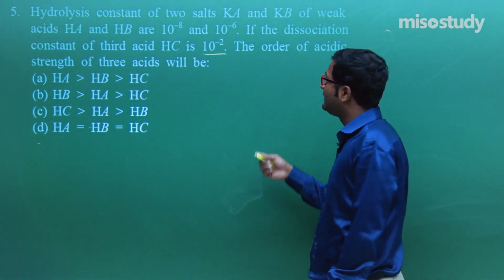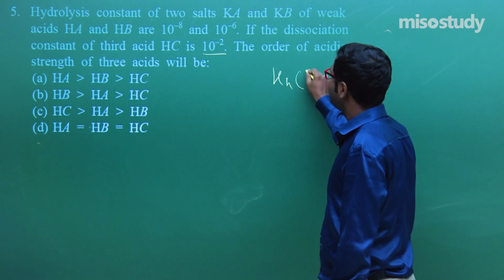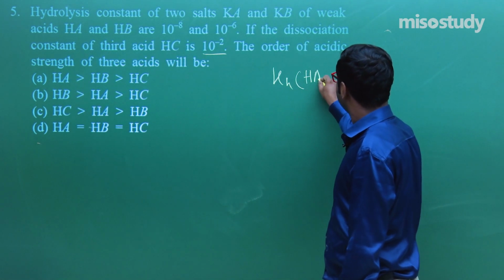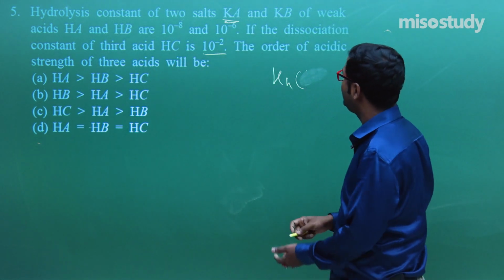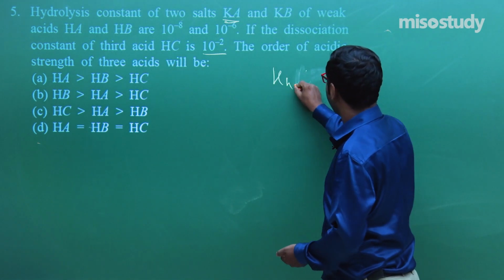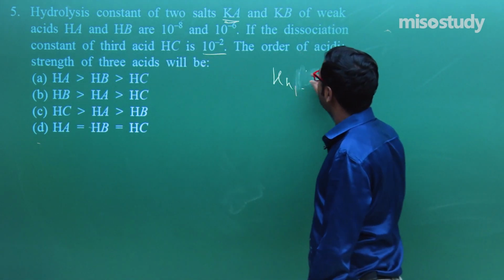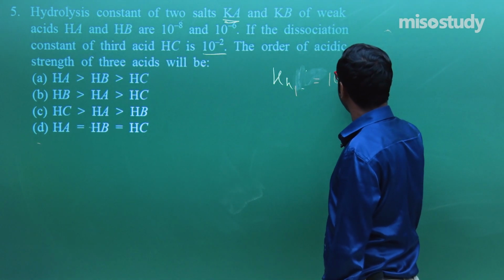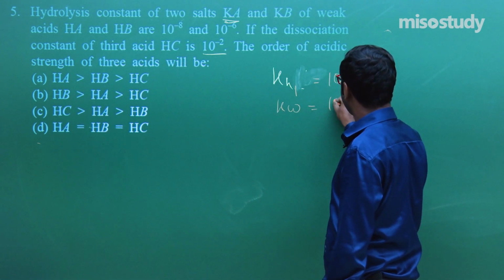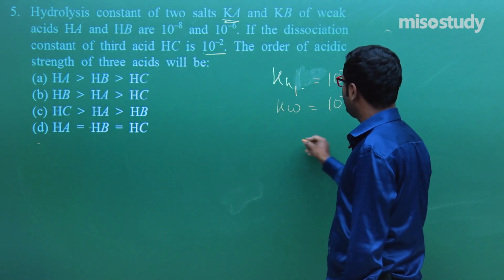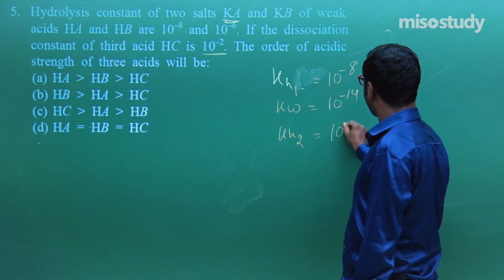Hydrolysis constant is given here, that is Kh for the first acid HA. Sorry, this is the salt, Kh1 is given here, that is 10 to the power minus 8. And we know Kw is equal to 10 to the power minus 14. Kh2 here is given as 10 to the power minus 6.